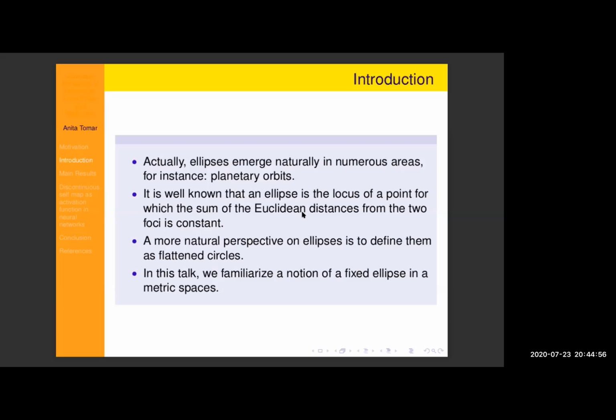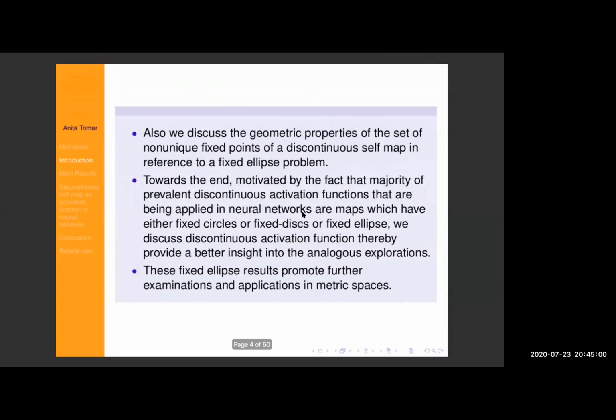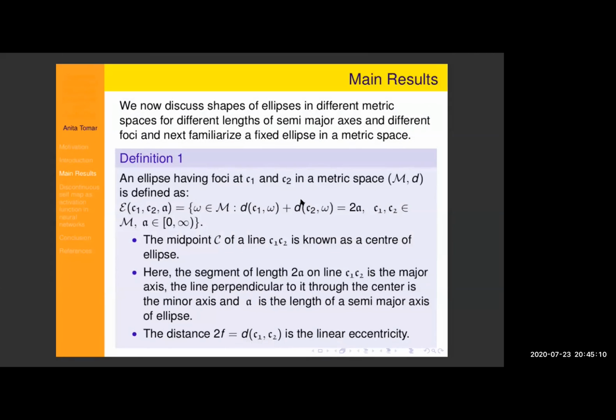So in this talk, first of all, we familiarize fixed ellipses, and then we discuss the geometric properties of the set of non-unique fixed points of a discontinuous self-map in reference to fixed circle problems. First of all, we will discuss some shapes of ellipses with different lengths of semi-major axis and different foci and in different metric spaces.